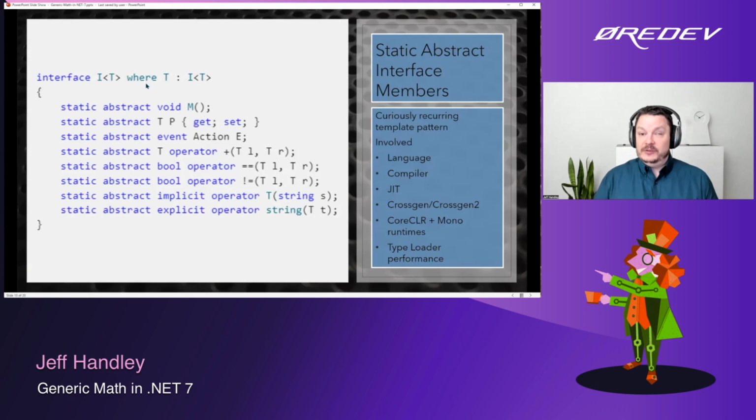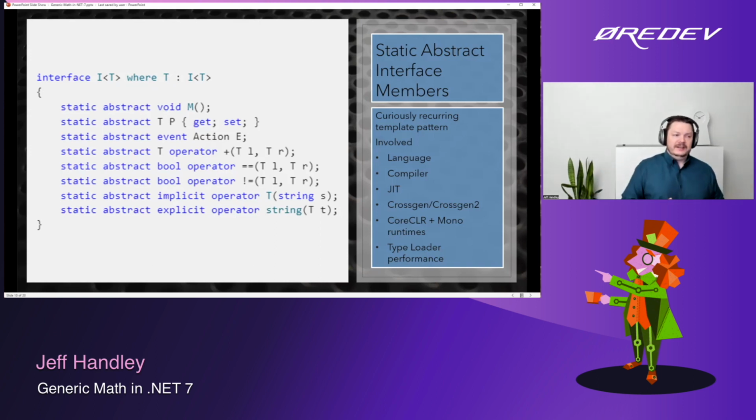If you've used C++ templates, you've probably seen this for the last few decades. There are some other places where this same base and derived class sort of recursive referencing of one another comes up. We're solidifying this pattern in this static abstract interface members scenario, where in this case of I of T, where T is I of T, we can now have static abstract members on an interface.